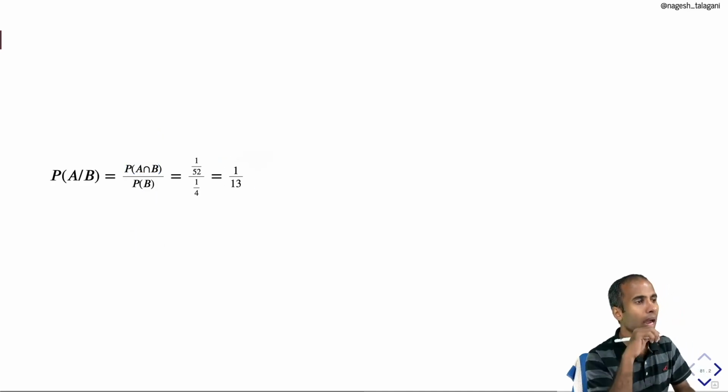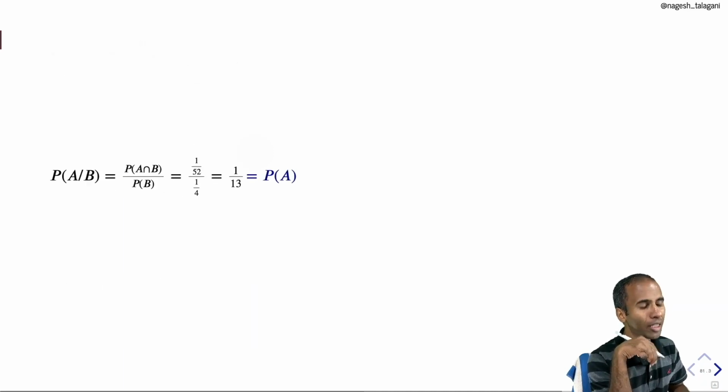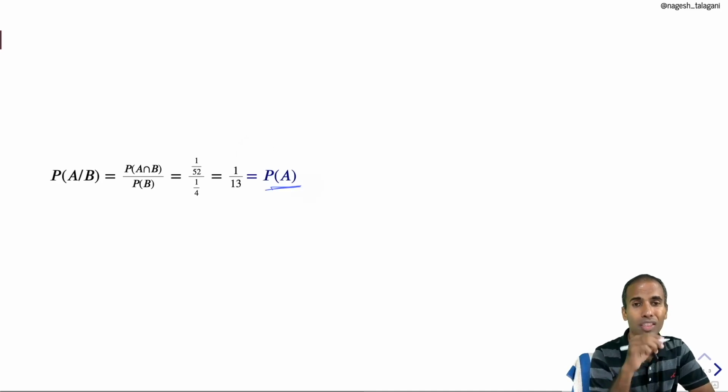And this conditional probability of A given B is exactly the same as the probability of A, which is 1 by 13. See, we tried to update the probability of event A knowing that B happened, but it didn't get updated. Here the situation is that the information about event B is independent of event A. This leads to the concept of independent events.